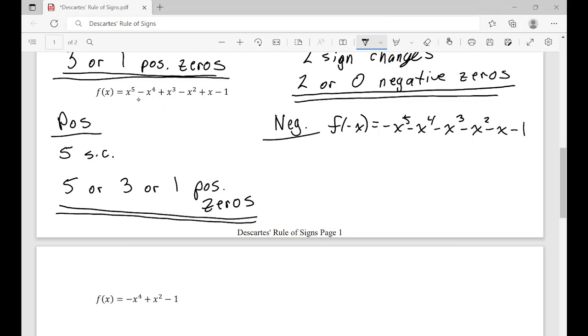So all the positives turn into negatives and all the negatives stay negative. And since I start at negative and I go down and they're all negative, I have 0 sign changes, which means I have 0 negative zeros here.